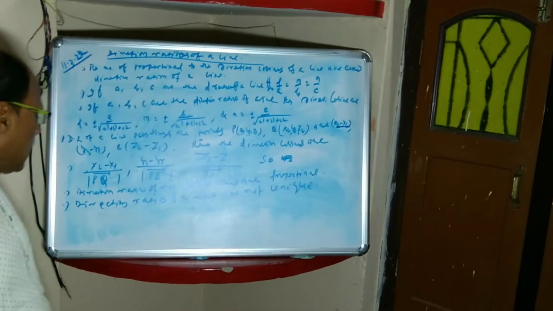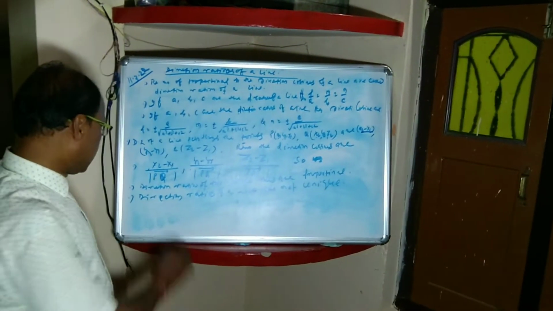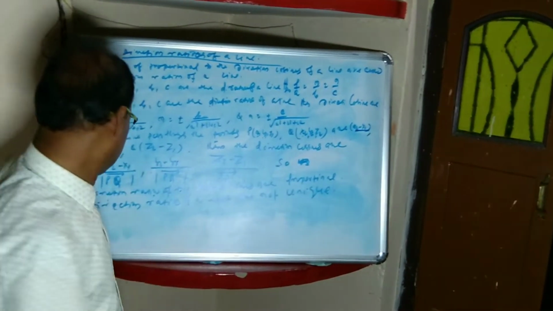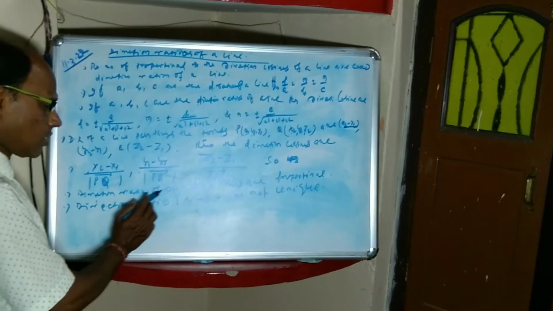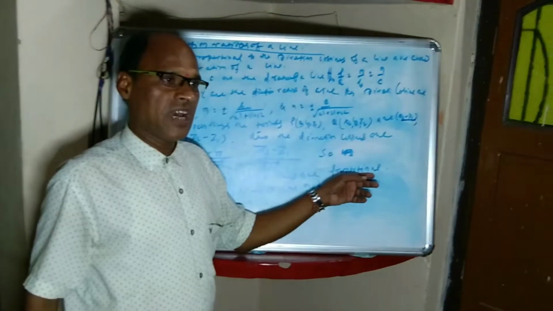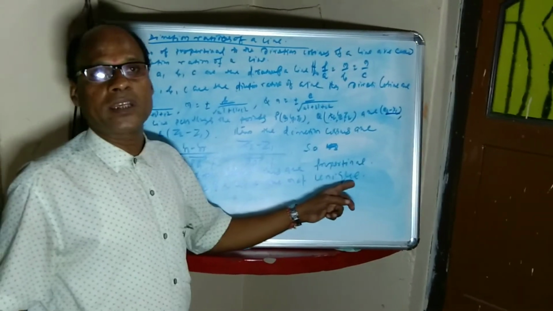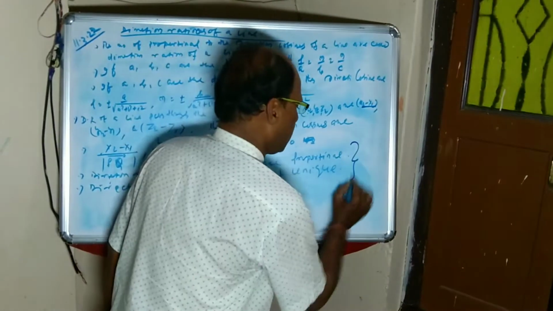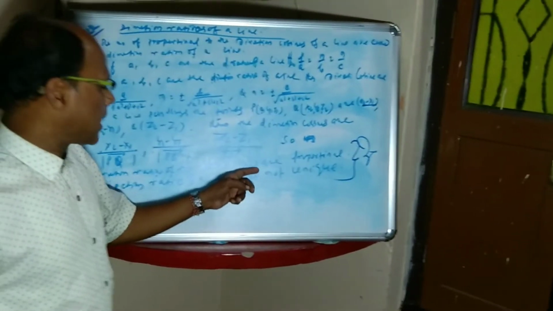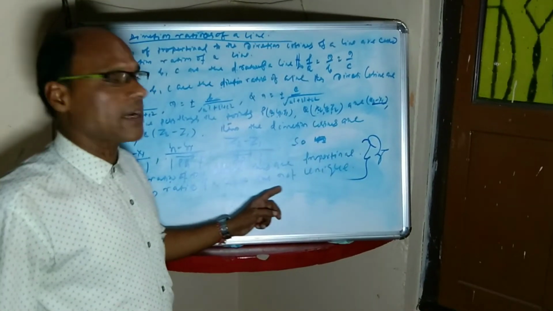So we reach the conclusion that the direction ratios of two parallel lines are proportional, and the direction ratios of a line are not unique.